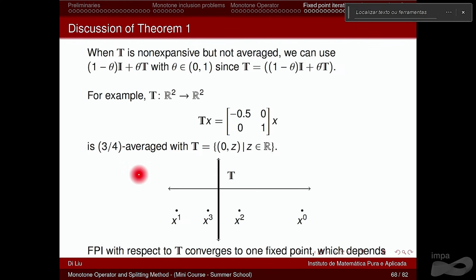The fixed point of t is this vertical line, because t is 3 over 4 averaged. This t could be a convex combination of the identity and minus 1, the operator here.